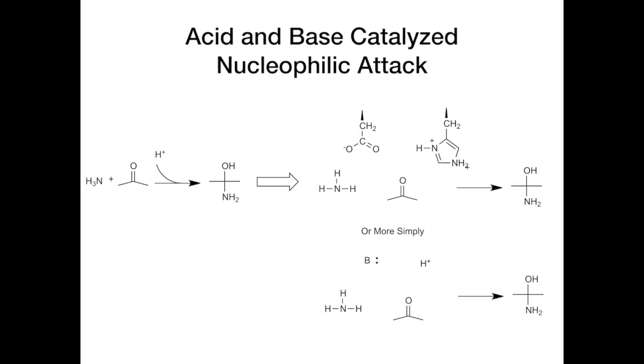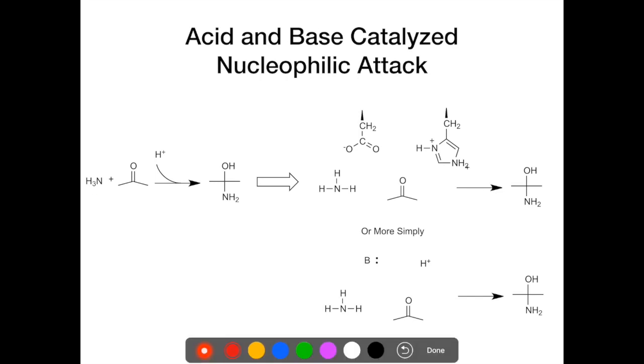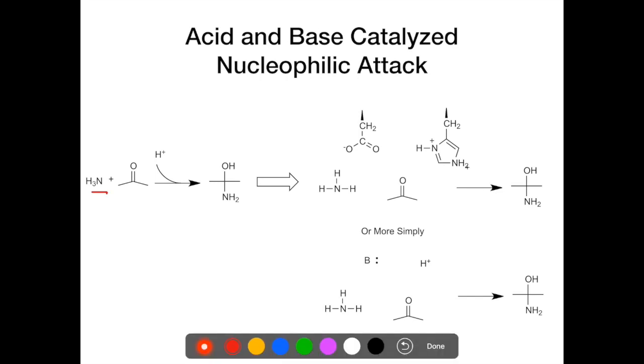So what we're going to do is add the ammonia to the carbonyl. What we're going to do is convert the ammonia into a nucleophile. And then we're going to need to protonate using a proton to end up with a final product right here.